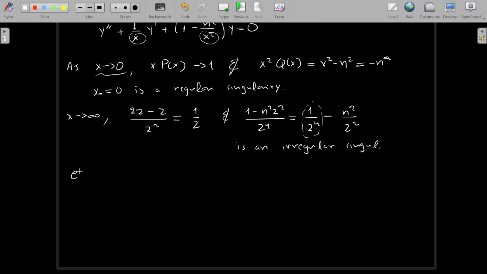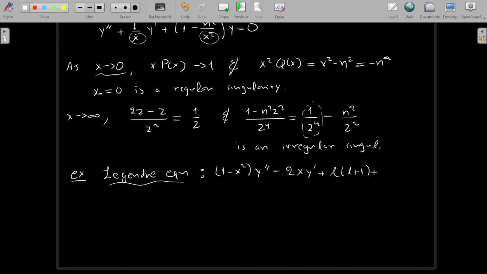Now another example. Let's check the infamous Legendre equation. 1 minus x squared y prime prime minus 2x y prime plus L times L plus 1 y is equal to 0.